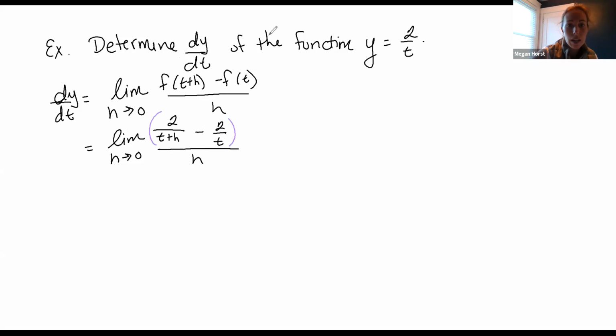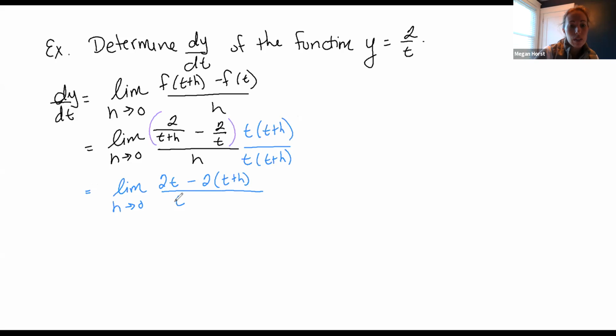So I'm going to multiply this whole thing by my common denominator. That gives me the limit as h goes to 0. My t plus h's cancel out. I get 2t subtract 2 multiplied by t plus h, because in this instance my t's cancel out, all over h t times t plus h.